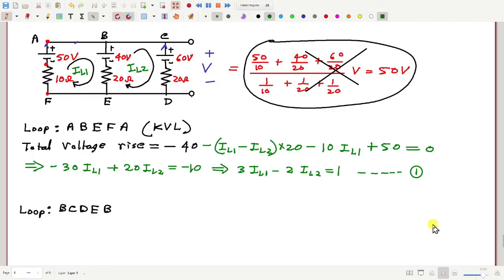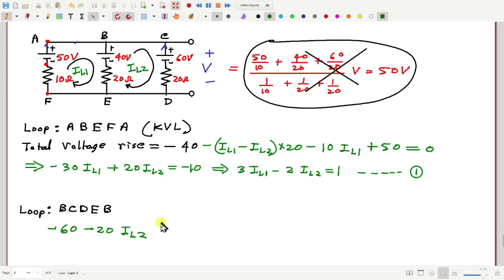Now, similarly, let us find the total voltage rise in the loop B, C, D, E, B. Starting from B, C to D we have a minus 60 volt drop, then minus 20 ohm into IL2, again a voltage drop.